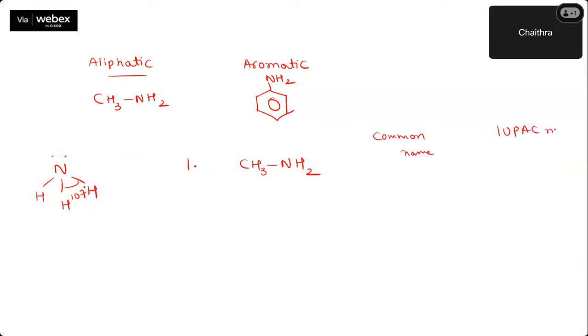You have learned the rules. Try to recollect. Yes, Lakshmi, very good. It's methylamine. This is the methyl group, this is the amine group. So the common name is methylamine. Whereas for the IUPAC name, you have to remember the root word.